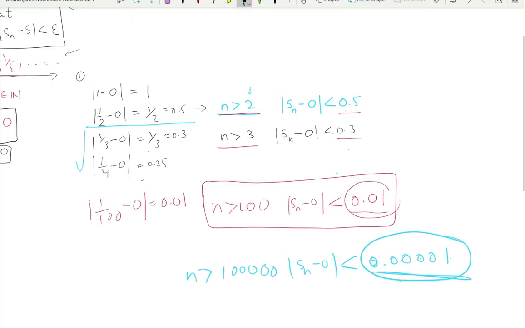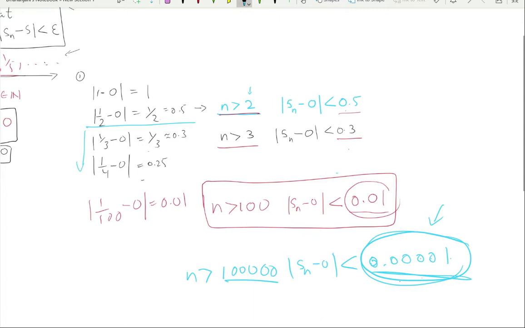Now that is exactly the characteristic that a convergent sequence has. For any distance that you give me, no matter how small a gap between the limit and the terms of the sequence, you can always find a position in this sequence after which your terms are even closer to the limit than the accuracy that you gave me.